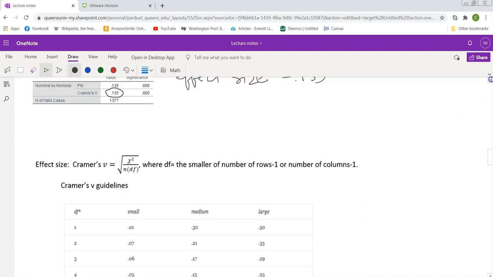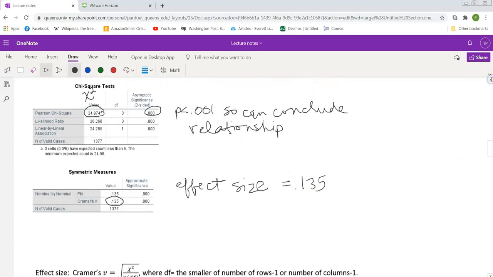Oh, and I forgot to mention that up here, if you look at just below this output here, this is where you evaluate that assumption. No expected cells less than 5.